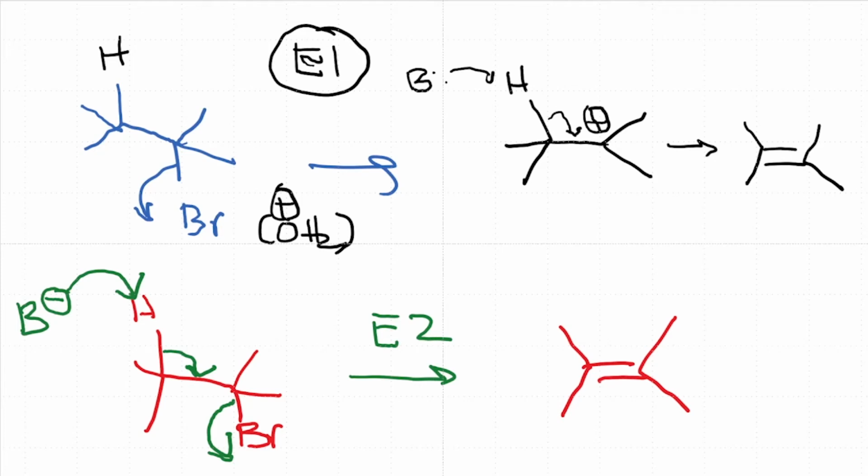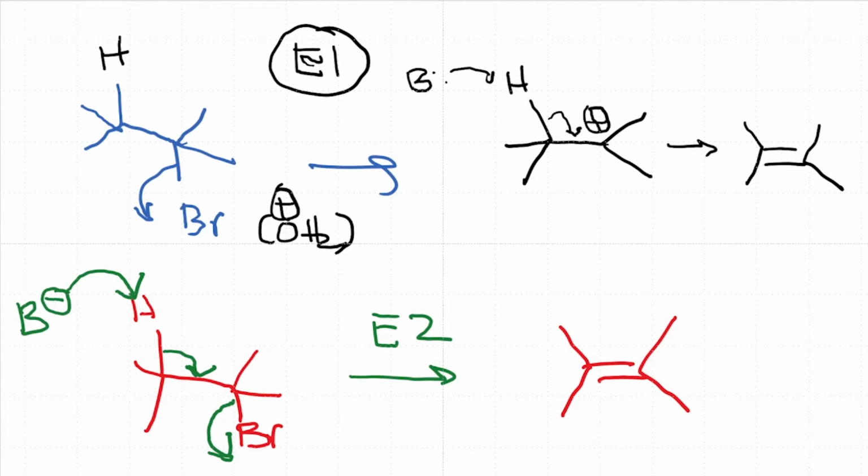And there are probably other important differences, such as the selectivity. For example, in E1 you invariably end up with a mixture of eliminated and substituted products. In E2, if you use a strong base and if you have a fairly good leaving group, and if it's sterically hindered, you're going to end up with the eliminated product.